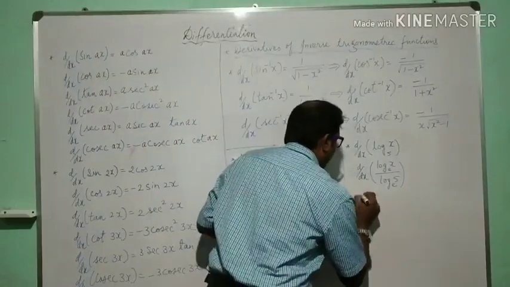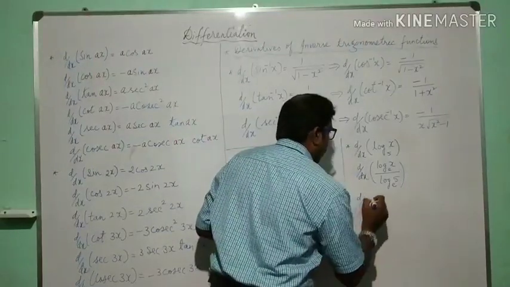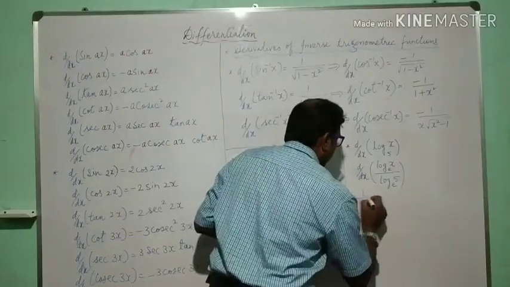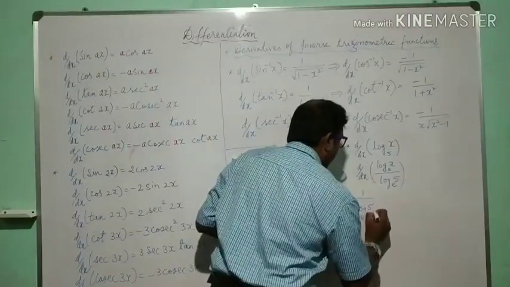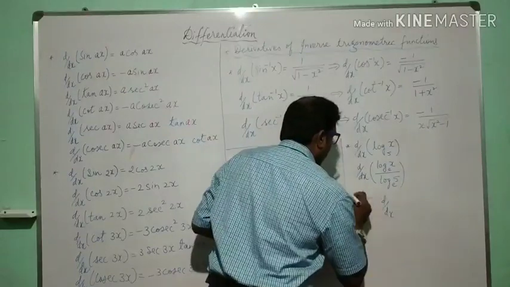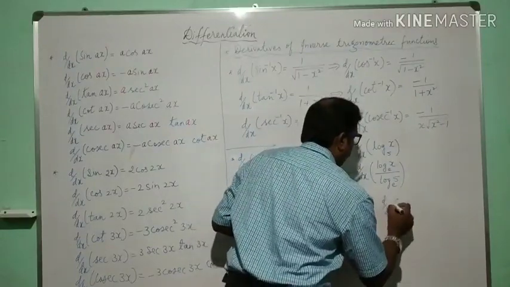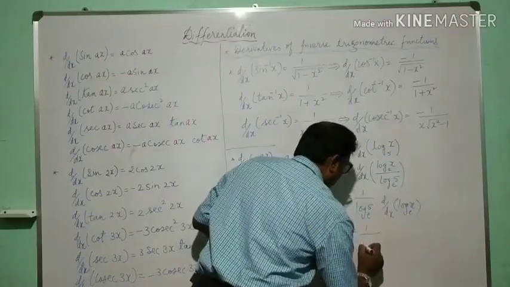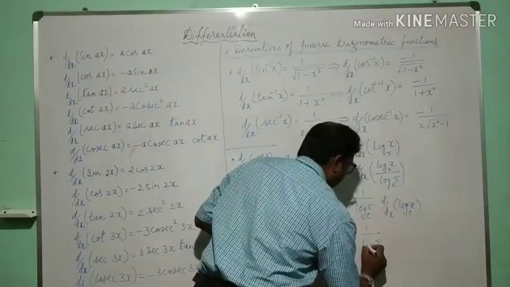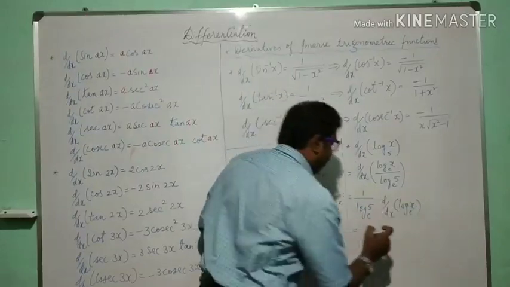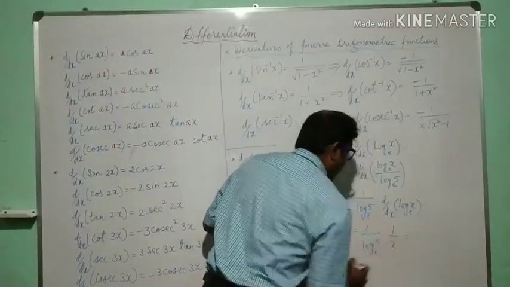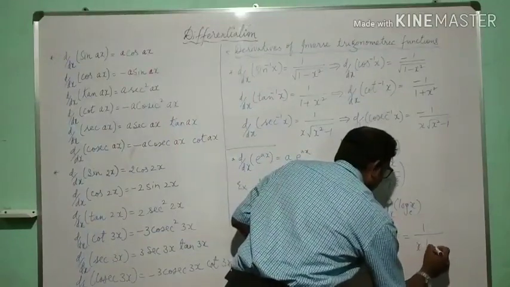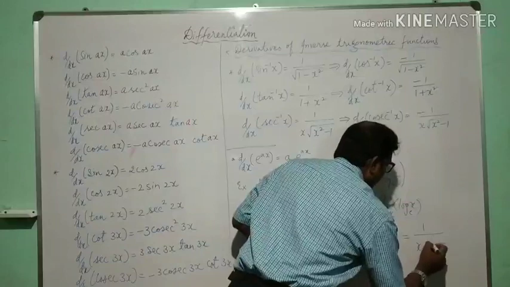Now I can take the constant outside, 1 by log 5 base e, then d by dx of log x base e. Now 1 by log 5 base e into the derivative of log x, which is 1 by x. So we can rewrite this as 1 by x into log 5 base e.